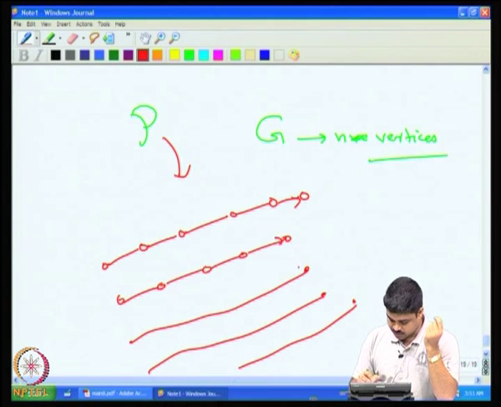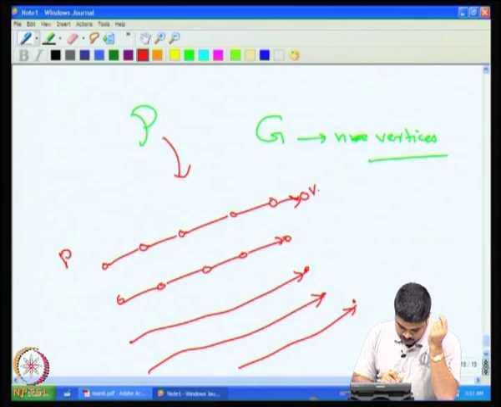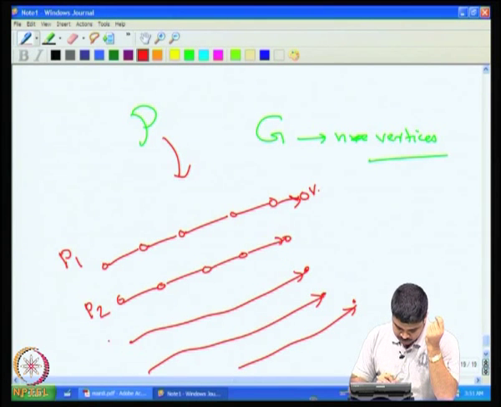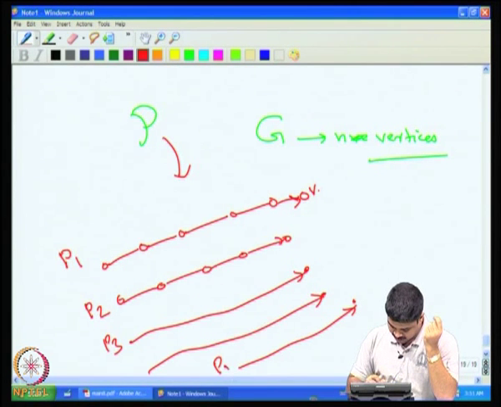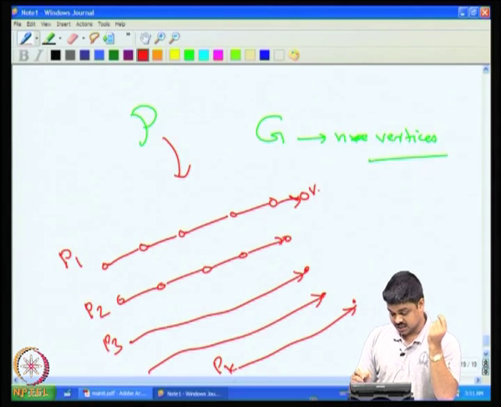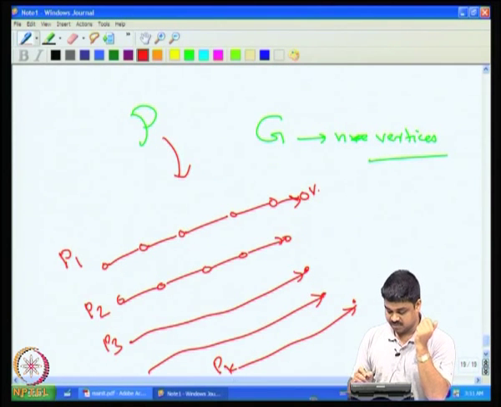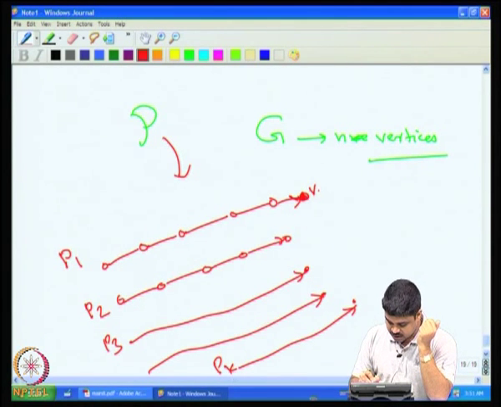Now, let us say this is P1, this is P2, this is P3, like that, this is Pk. There are k paths in this path cover, and I am interested in the terminal vertices v1, v2, v3, up to vk.